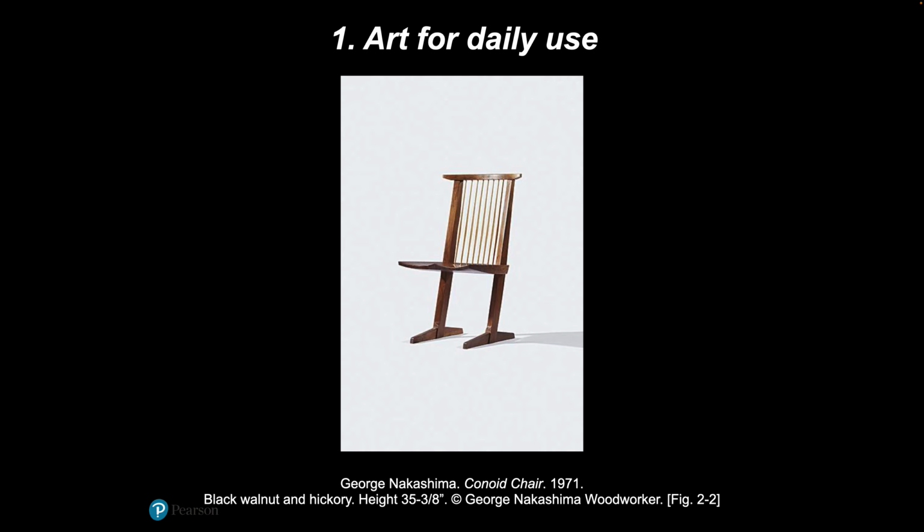Another great example of this is George Nakashima's Conoid chair, right? It's this crazy shape, an addendum to the normal chair that we sit in, and immediately looking at it, you're like, yeah, that would fall over, right? It's one of a kind, it only exists in this one place by this one guy, and in its design, it was made to move efficiently over carpet, right?